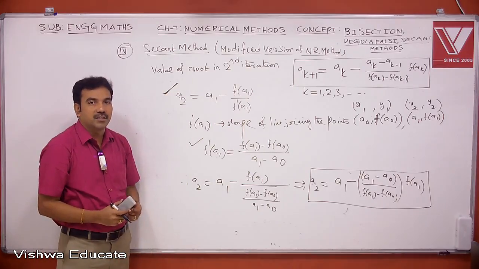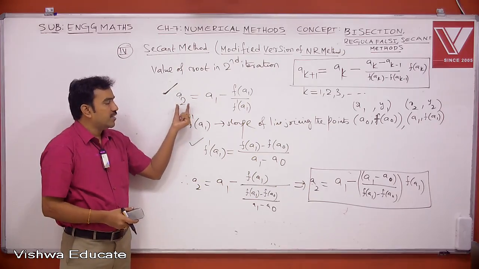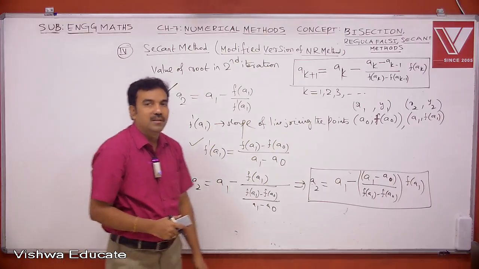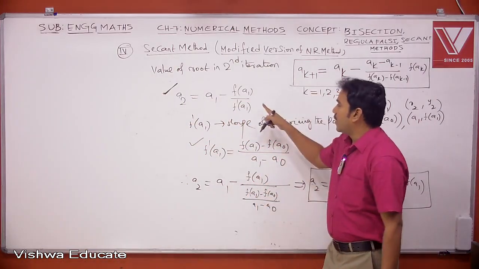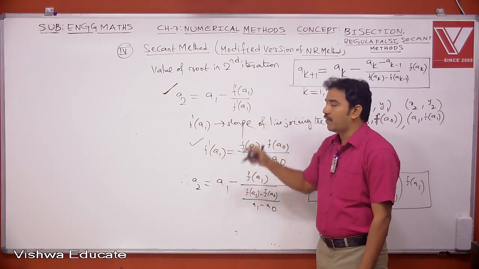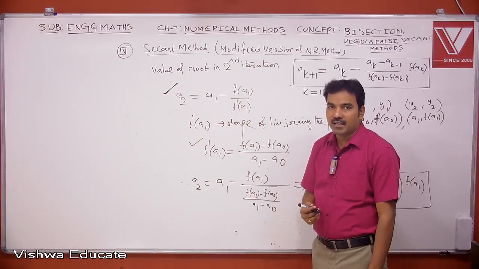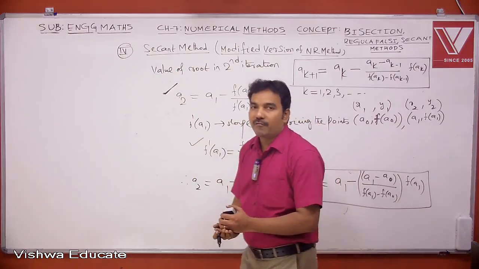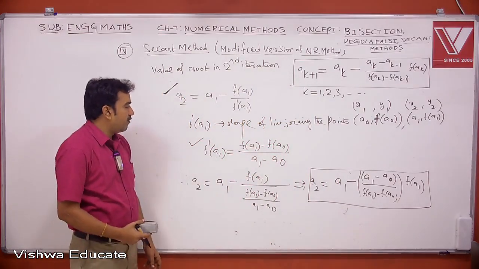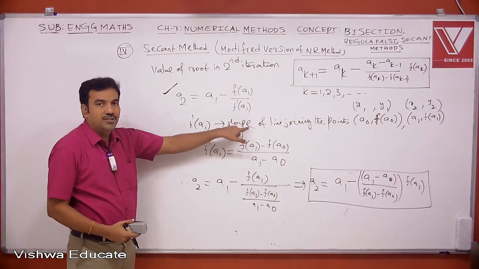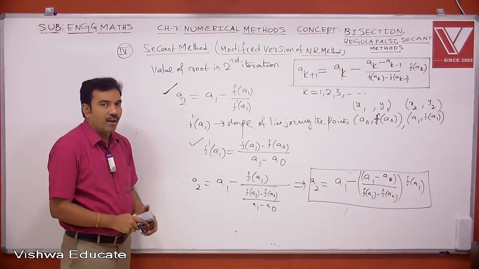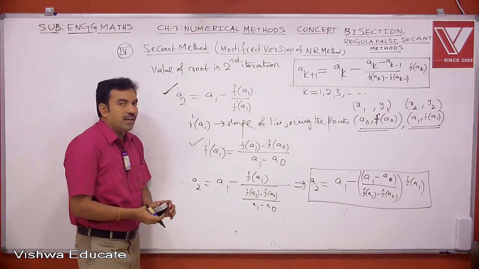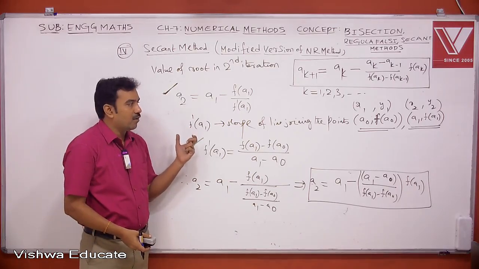Consider the value of root in the second iteration using the NR method: a2 equal to a1 minus f of a1 by f dash of a1, where f dash of a1 is the slope of the line joining the points a0, f of a0 and a1, f of a1.